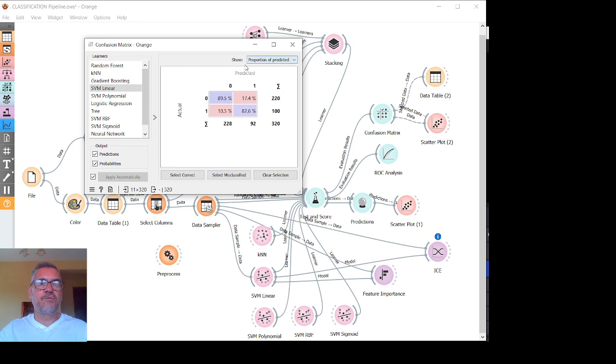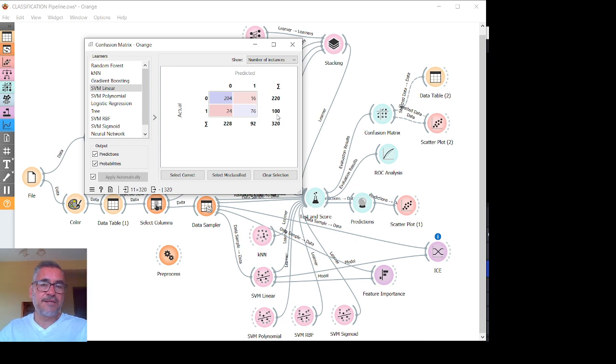As you can see here, it says show proportion of predicted. If you go here to number of instances, you get the actual numbers now, not percentages. So out of the 220 people that actually are good customers, they pay, 204 were predicted as good customers, but 16 were predicted as bad customers.